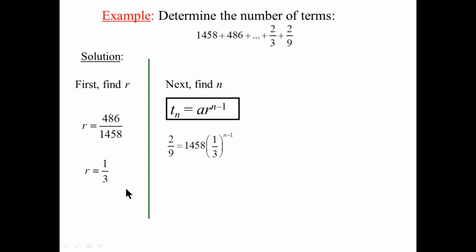Plugging everything in, t sub n got plugged in here, it's 2/9. a, the first term, got plugged in here, it's 1458. r from over here got plugged in for r. It's 1/3.